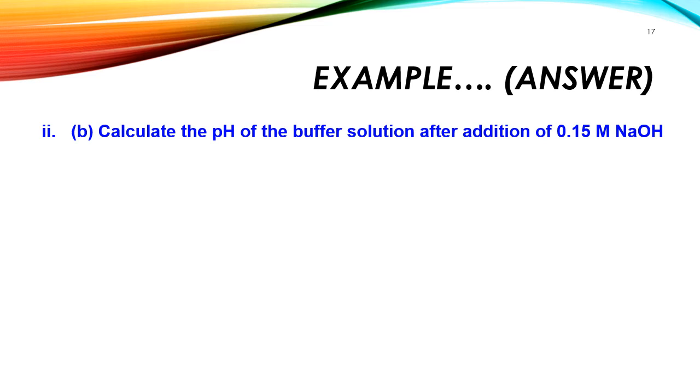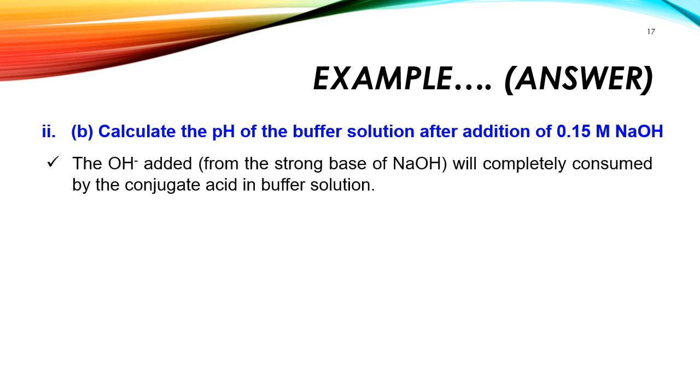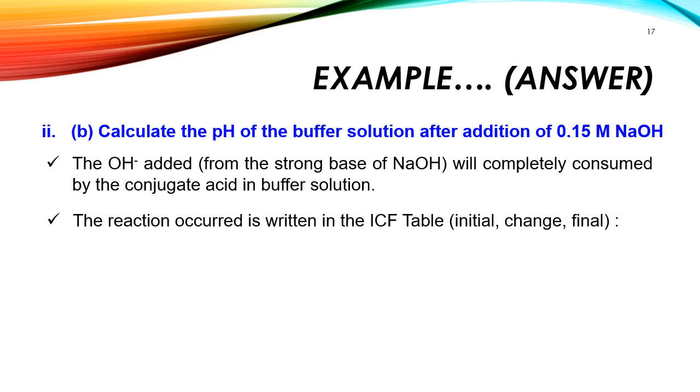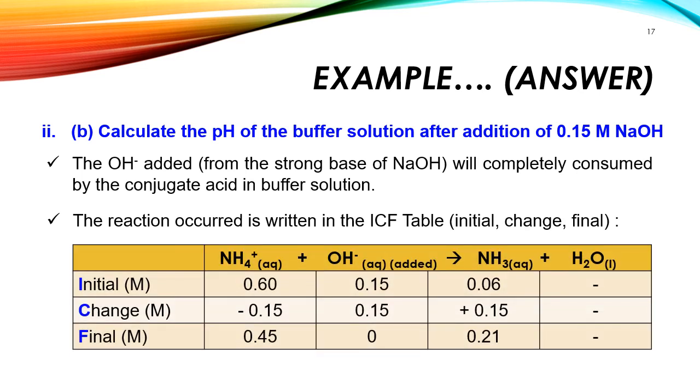Now, let's calculate the pH when a small amount of strong base is added to the buffer solution. If 0.15 molar of NaOH is added, the OH- added from the strong base will be completely consumed by the conjugate acid in the buffer solution. The reaction can be written in the ICF table.